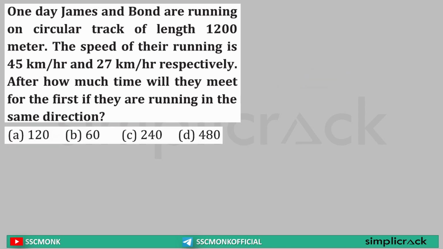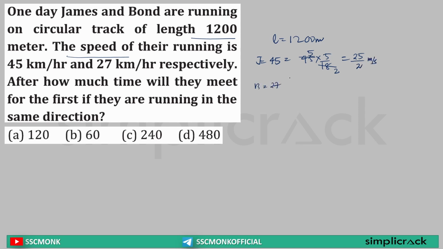Next: one day James and Bond are running on a circular track of length 1200 meters. The speeds of running were 45 km per hour and 27 km per hour. After how much time will they meet? First, L is equal to 1200 meters. James's speed is 45 into 5 by 18; 9 twos are 18, 9 fives are 45, which is 25 by 2 meters per second.